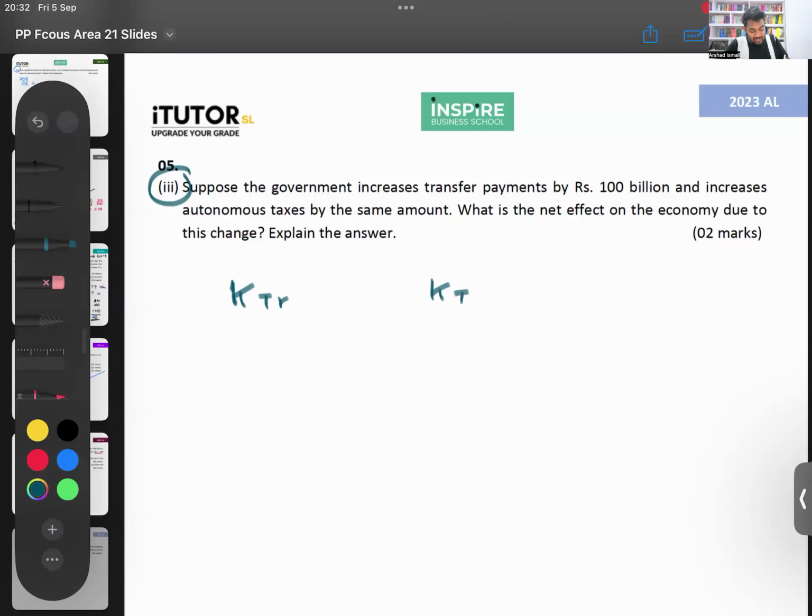For example, transfer multiplier is plus b over 1 minus b. Tax multiplier is minus b over 1 minus b. So tax multiplier is the opposite of your transfer multiplier. It's a negative version of your transfer multiplier.